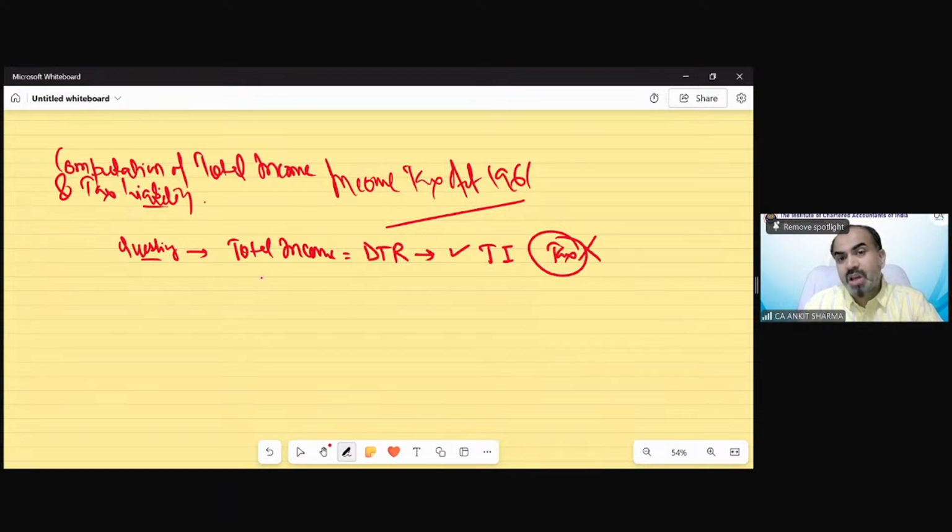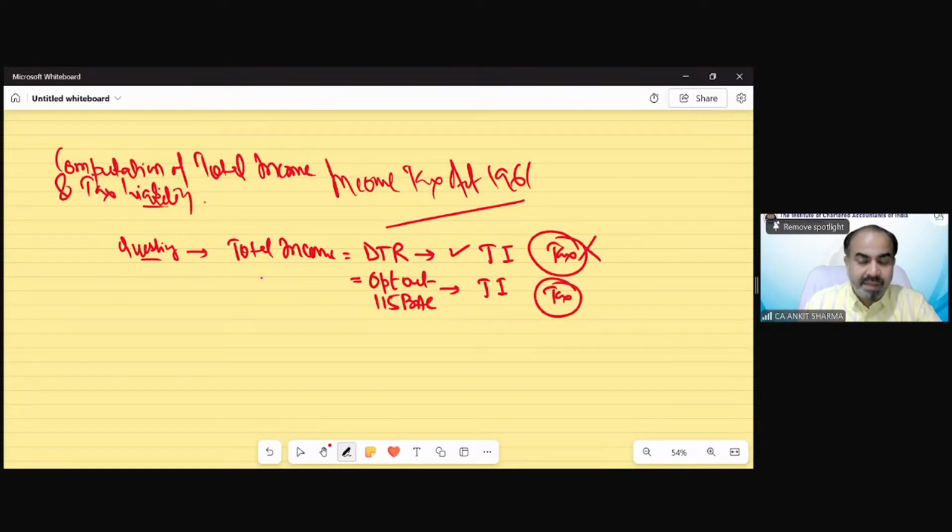If the question asks you to calculate the tax as per opting out of the default tax regime, if you opt out of section 115BAC, then please calculate just total income. So technically, if it is not required to calculate tax in the question, do not calculate the tax.